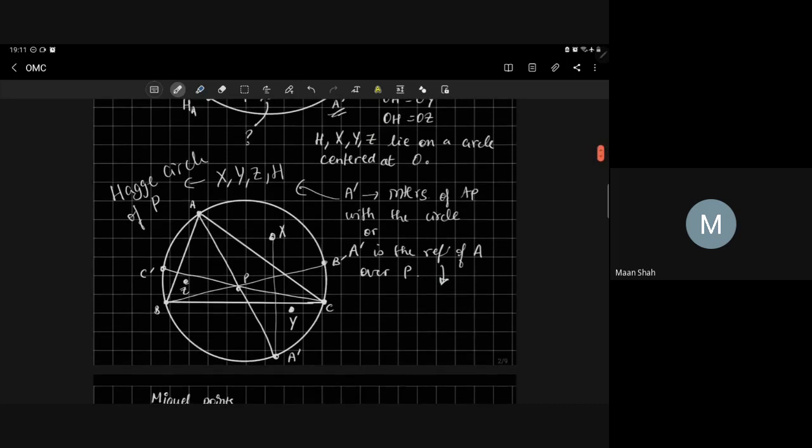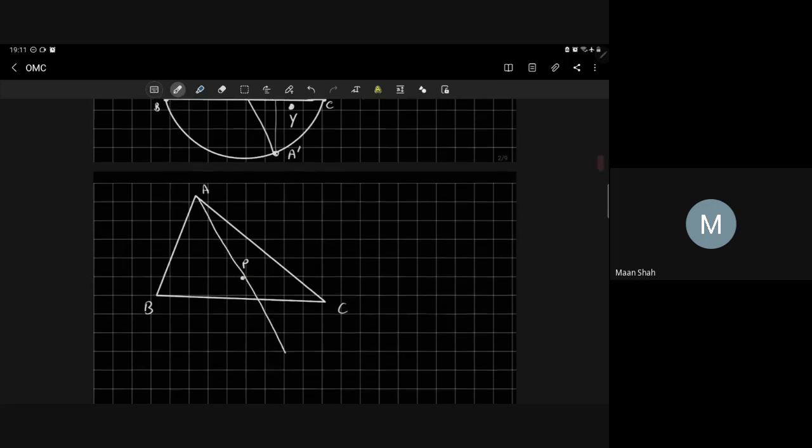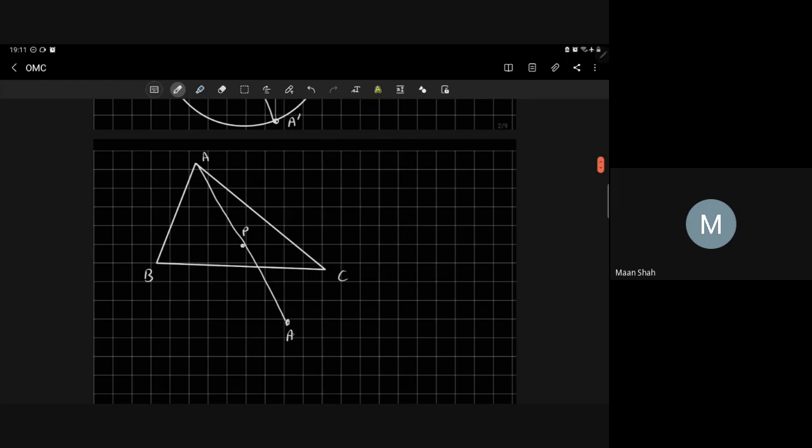In this part, I'm taking a triangle ABC and some point P, reflecting A over P to a point A prime. I'm sorry again for my poor diagrams.